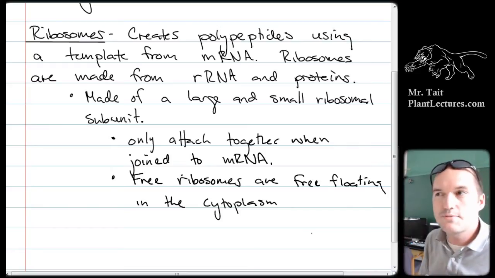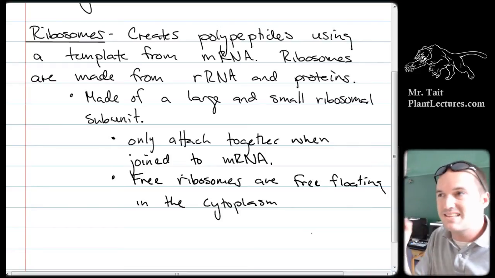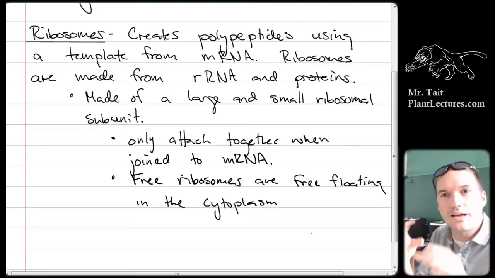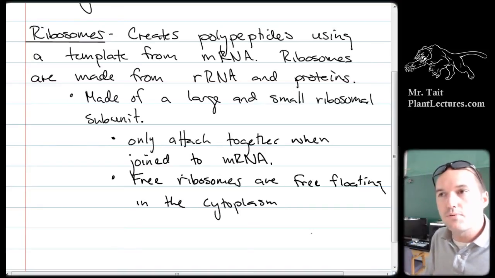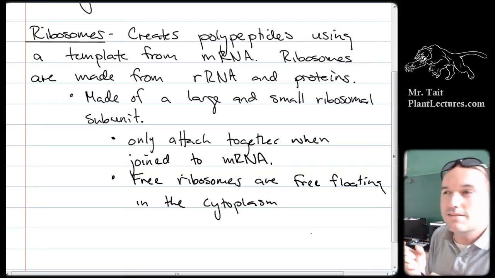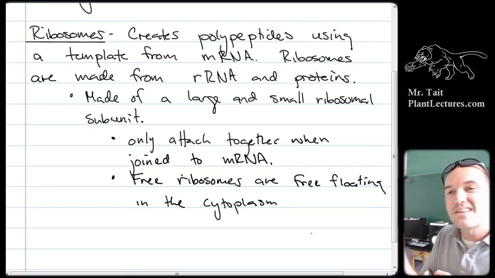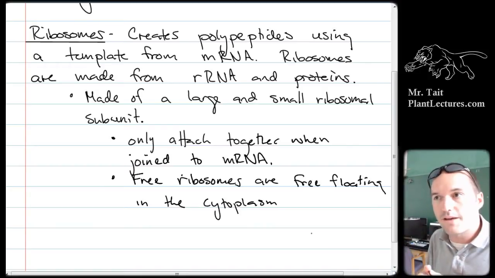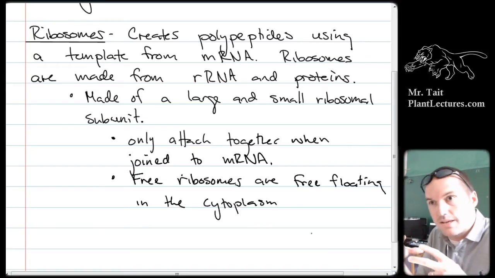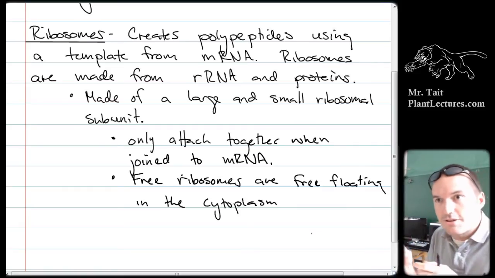A lot of times people think that the cytoplasm is the name of the fluid-like substance that everything floats around in. That's actually got another name. It's called the cytosol. But a lot of times people use those two terms interchangeably, even though it's not technically correct, because there's cytosol inside of the nucleus as well, and that area is not called the cytoplasm. If it's inside the nucleus, it's in the nucleus. Whereas the cytosol is found inside the nucleus, it's found in the lumen of the ER, all those places.